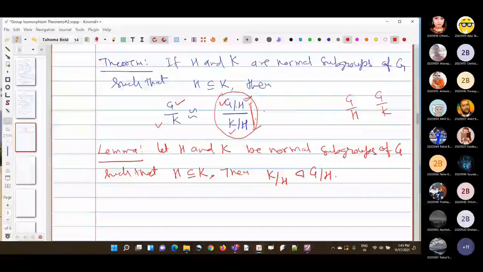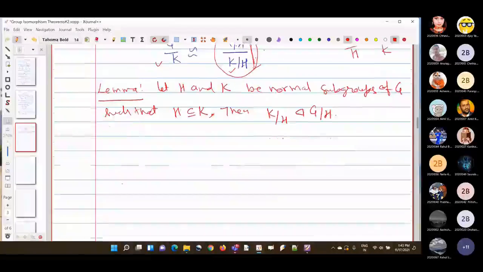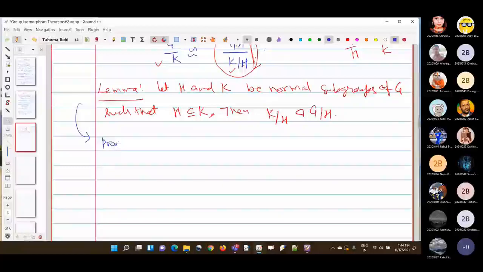That is, H is going to be normal in K. So what remains to prove is that K by H is normal in G by H. This we need to prove, and I have put this in the form of a lemma. Let us try to prove this lemma, and after that we can use this result to prove that theorem.